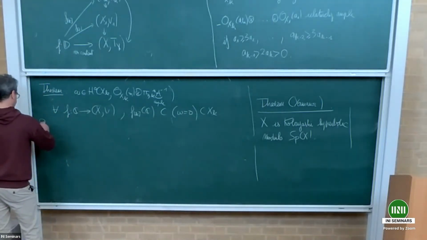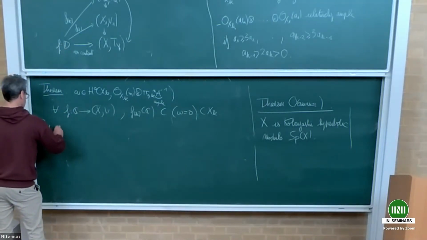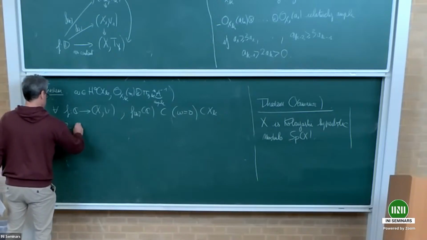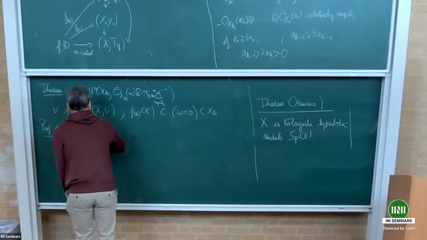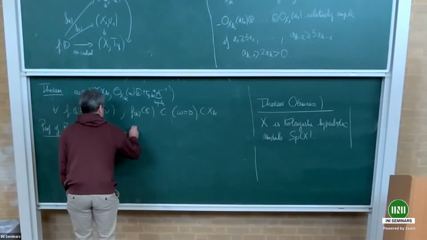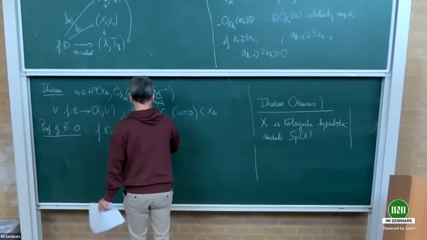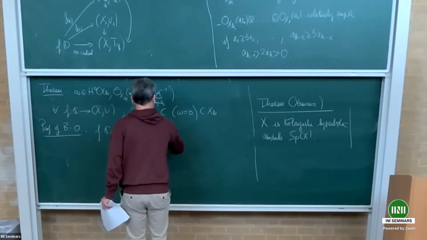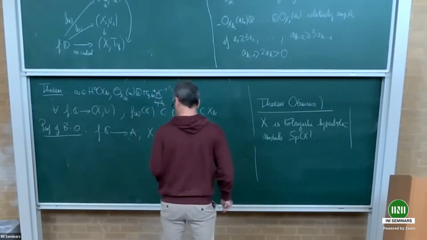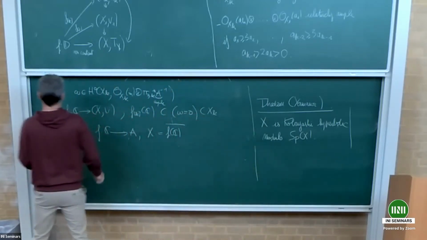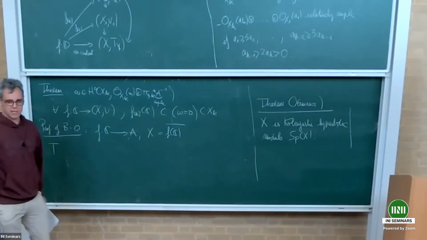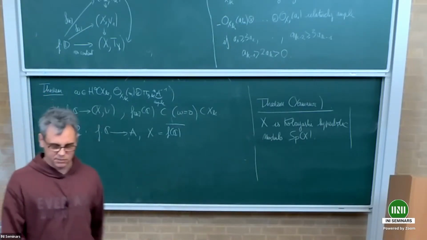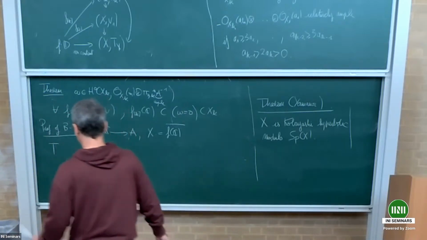Okay, so now let's do the proof. We take an entire curve in A, and we consider its Zariski closure. And we want to work in the jet space, so we just use the triviality of the tangent bundle.